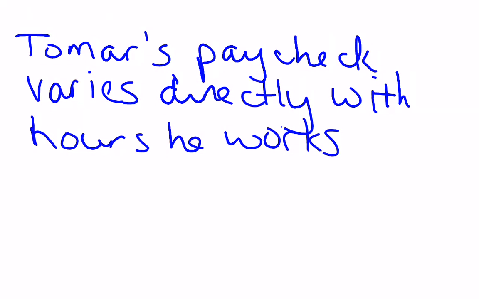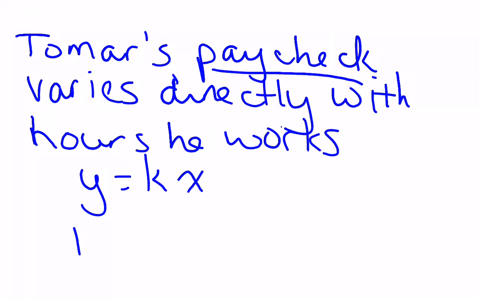Okay, so right now we know that his paycheck varies directly with the hours he works. So the way that we're going to write this is in the y equals kx format, but in this case the paycheck is y. So I'm going to write P for paycheck equals k times the hours he works. So k is that constant of variation.